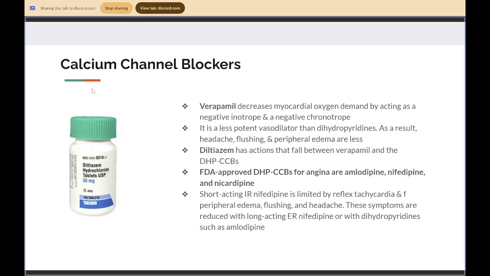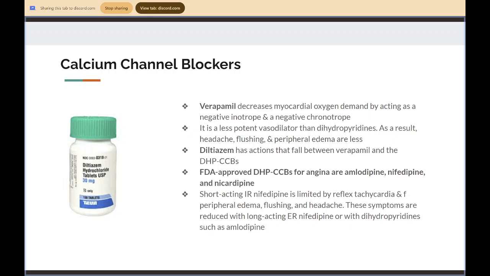Diltiazem has actions that fall between verapamil and the DHP CCBs, the dihydropyridines, and the FDA-approved dihydropyridines are going to be amlodipine, nifedipine, and nicardipine.